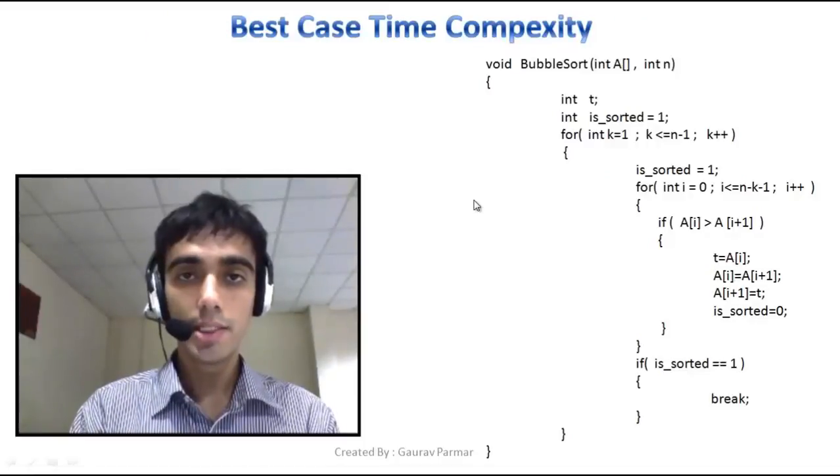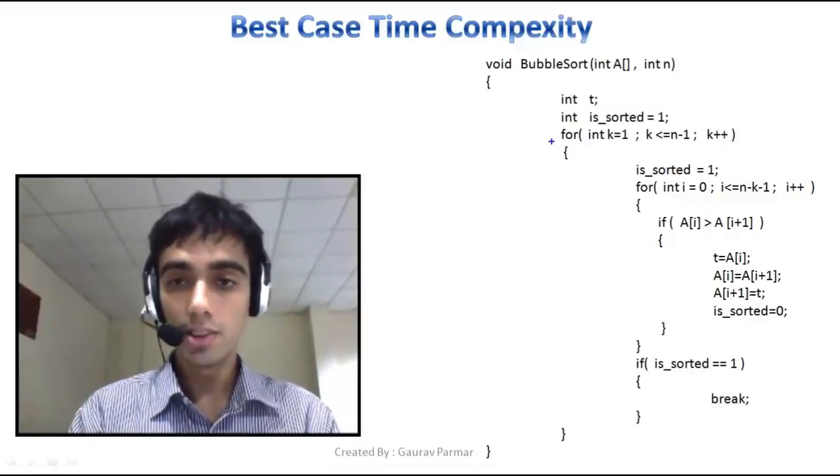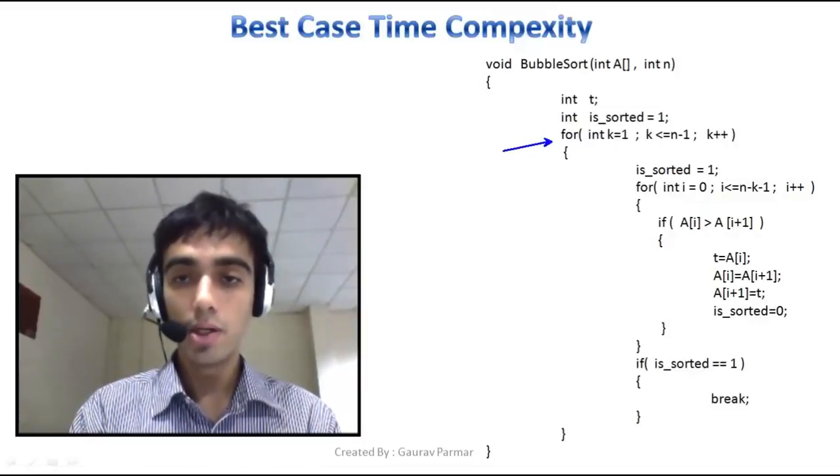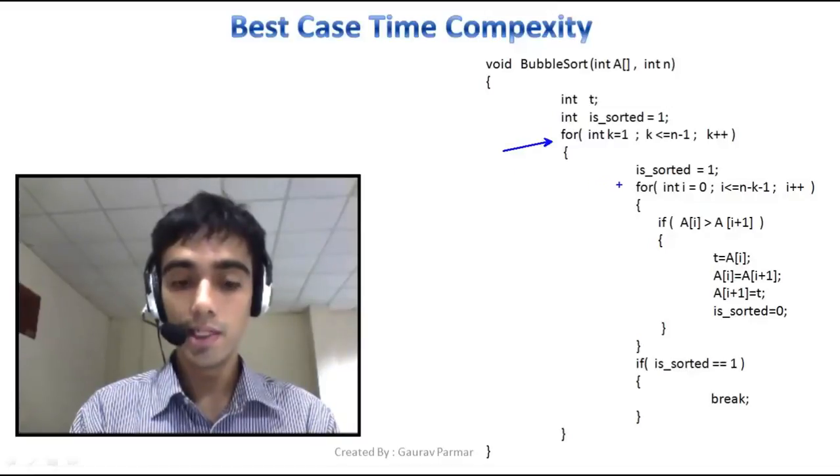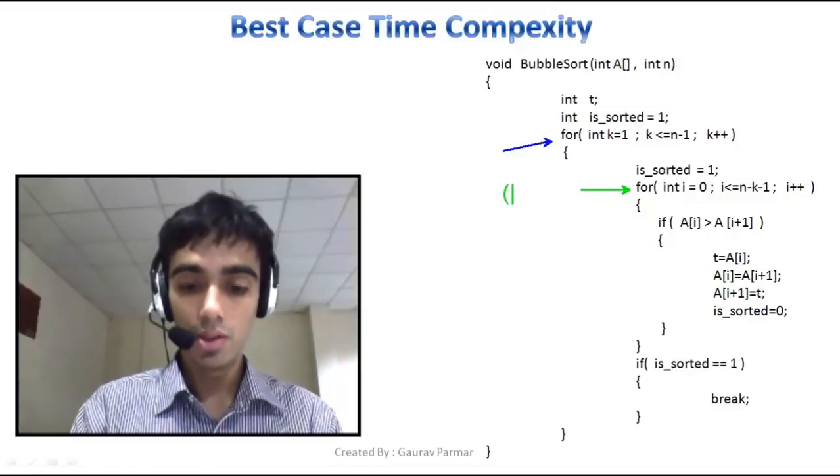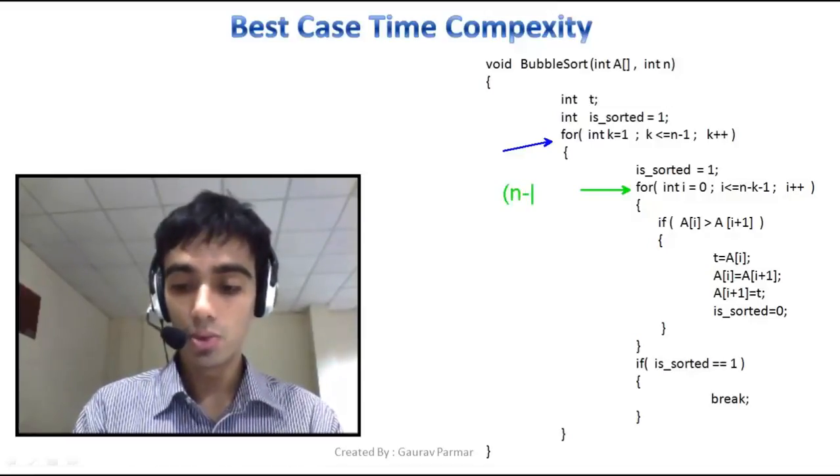Now let's calculate the best case time complexity for bubble sort. Suppose we are given an already sorted array. In that case we have to put in less effort to sort this array. The outer loop that you can see over here will run once, and the inner loop, that is this one, will run for n minus 1 times.